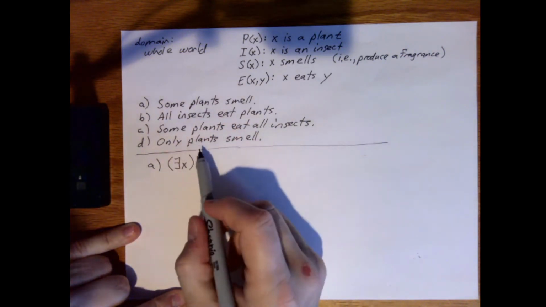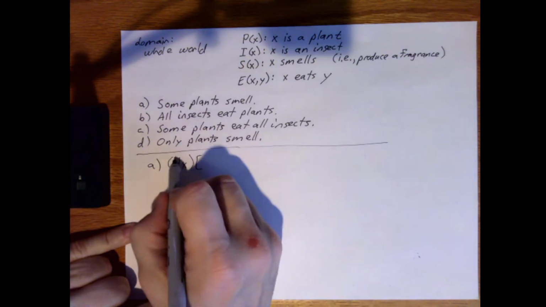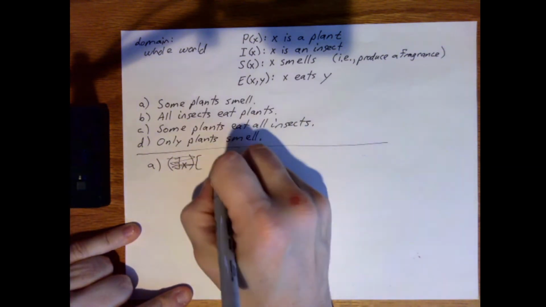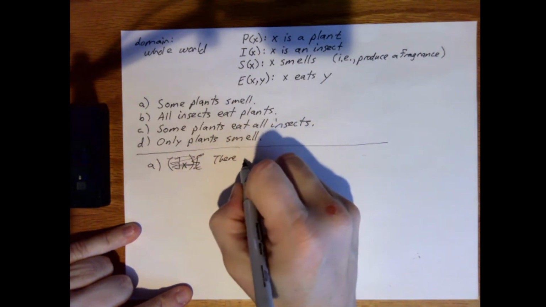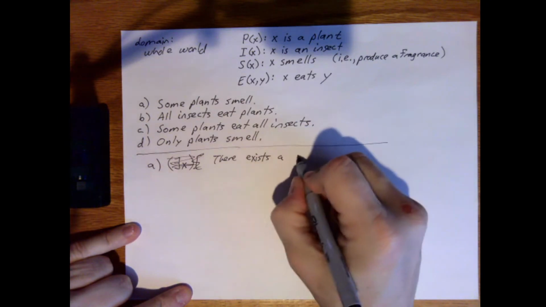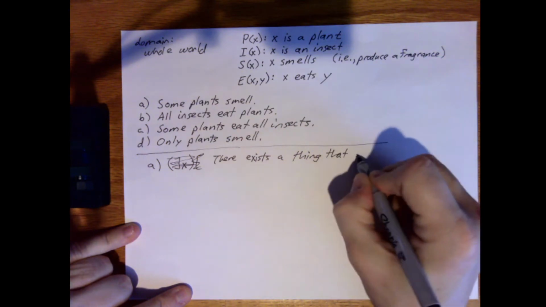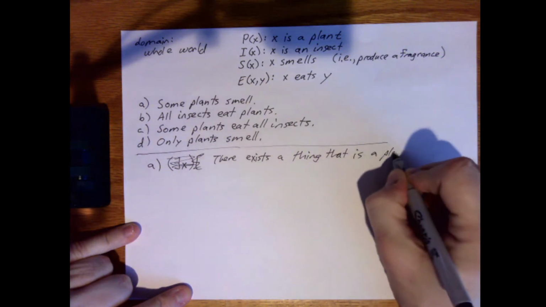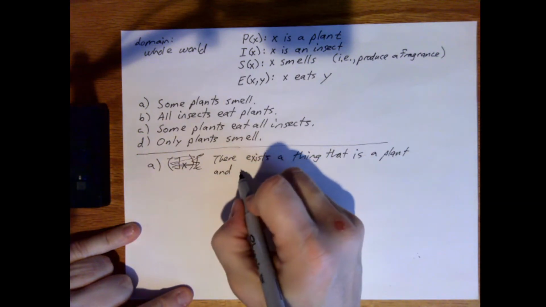And so we're saying here that there's some things, but let me rewrite this in English. There exists a thing that is a plant and that smells.